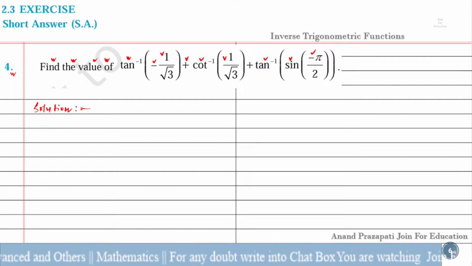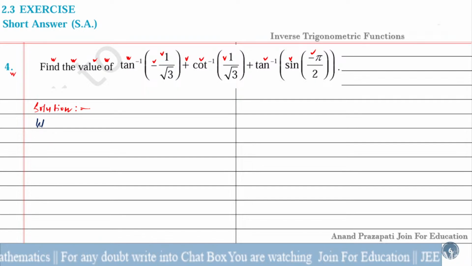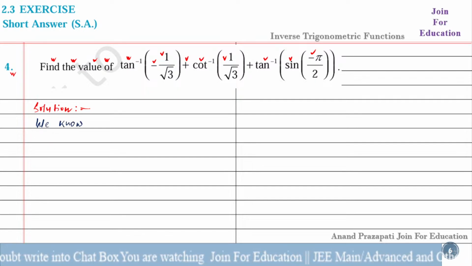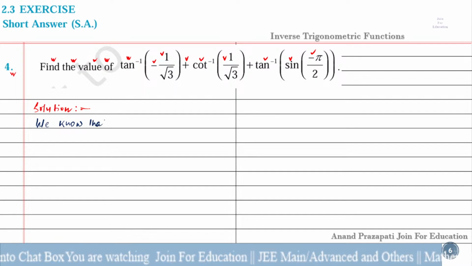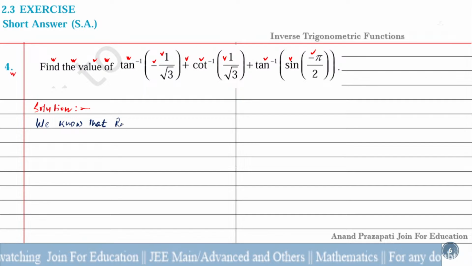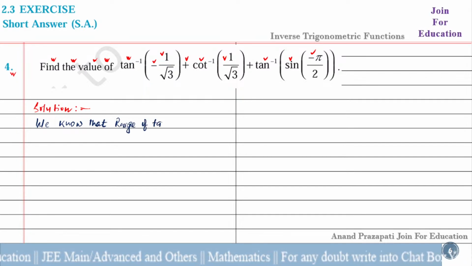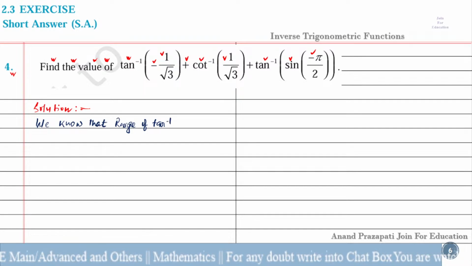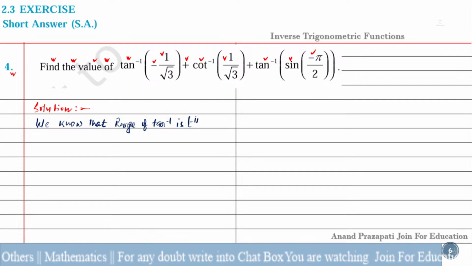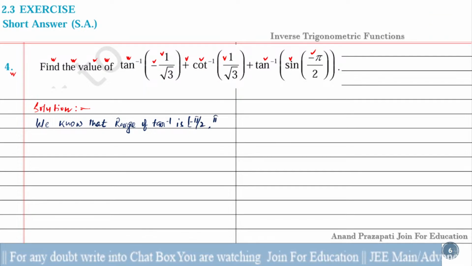We know that the range of tan inverse is minus pi by 2 to pi by 2.